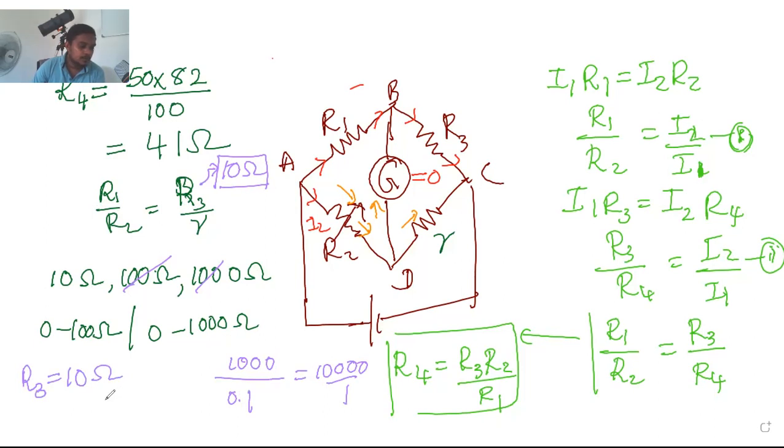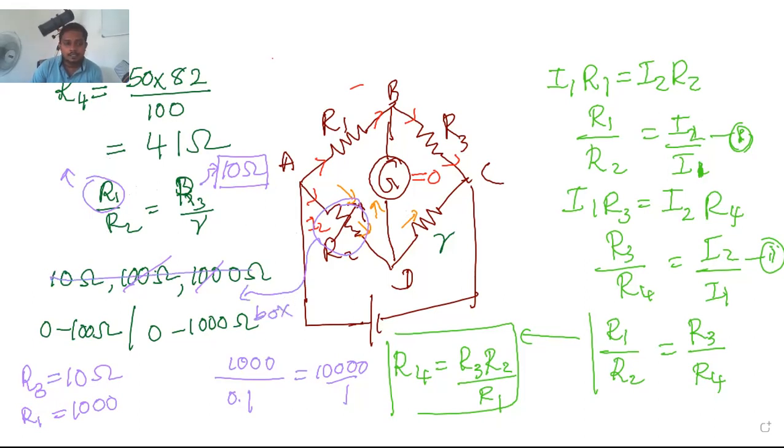And the next one, R1 and R2. R1 has to be the maximum value. Maximum value that they are giving is 1000. Since this is 10, it has to be maximum value. Okay. So R2, we know the variable resistor. Therefore, it has to be a resistance box, because it's a variable resistor.